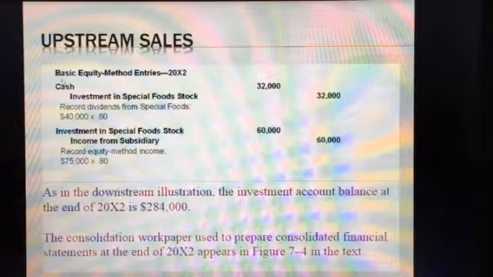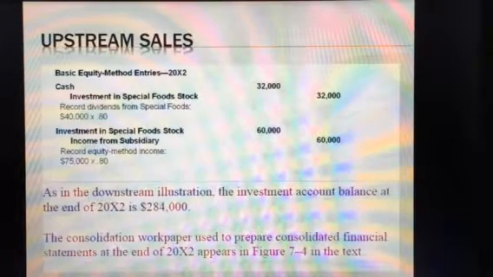Also the upstream: by the basic equity method, cash is 32,000 to investments in Special Foods stock 32,000. The other transaction is investment in Special Foods stock 60,000 to income from subsidiary 60,000.